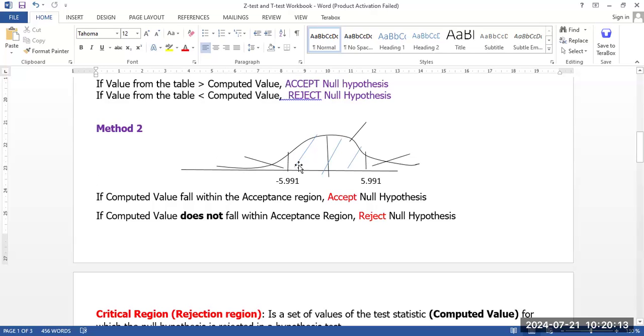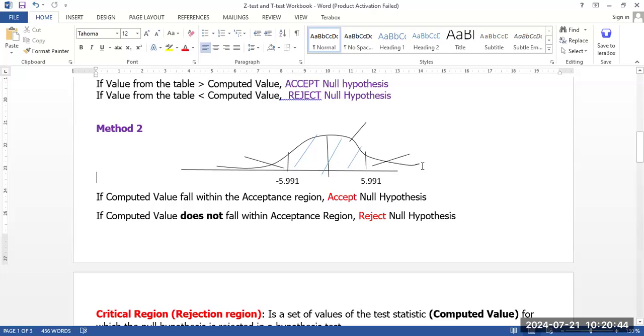So what does that one mean? You want to read the value from here to here. As you read the value from the table, our focus is from here to here. And how do you get the value from here to here? Because we know that from here to infinity is 0.5, and the value we got after dividing by 2 is 0.025.